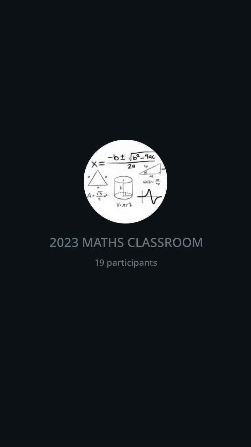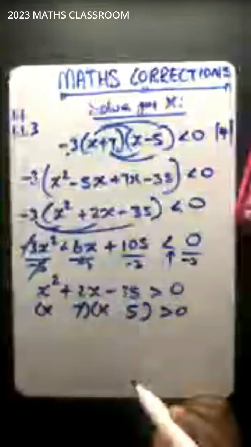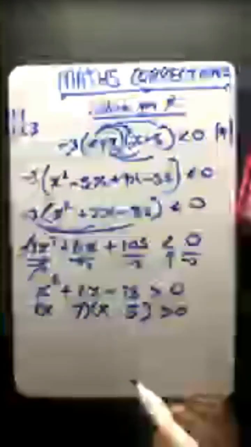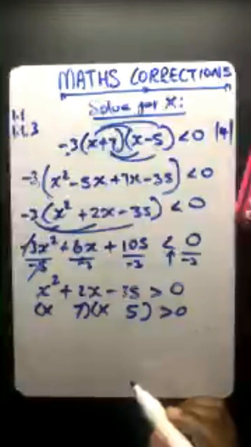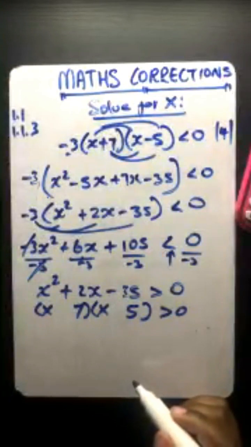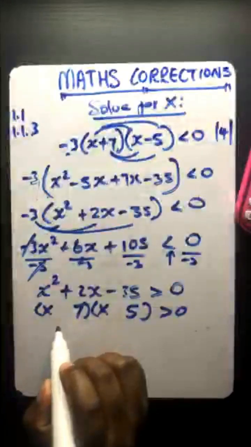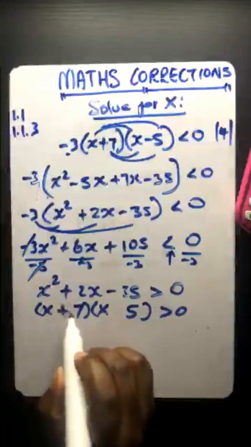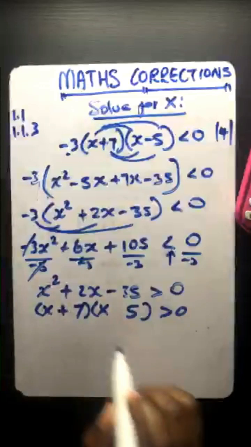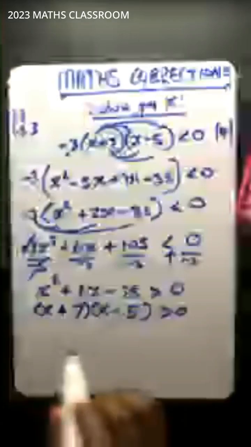Is a question coming through? I think it was Hamisa. Hamisa, was it a question coming through? No. Okay. So let's see. That means the bigger number takes the sign of the middle term, which is positive. Then to have a negative 35, that is going to be negative 5.